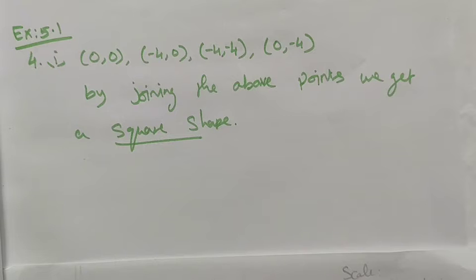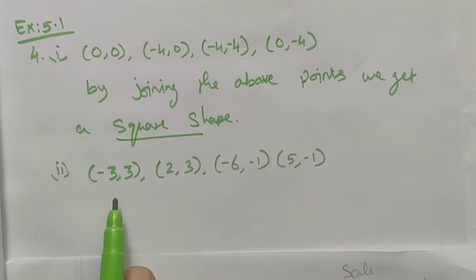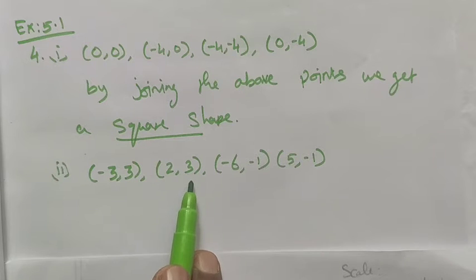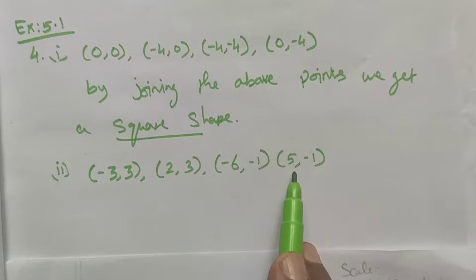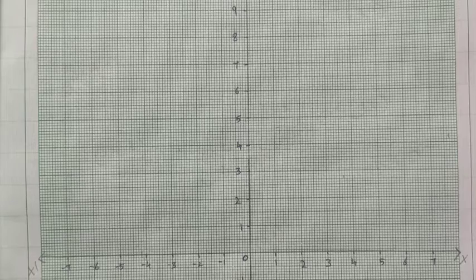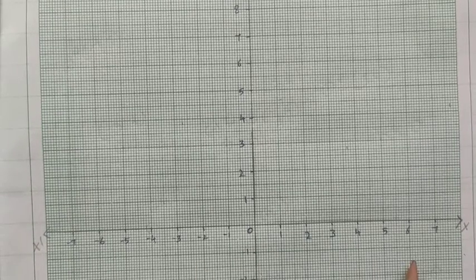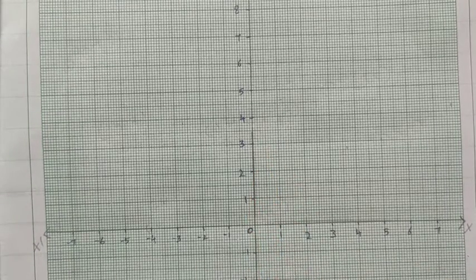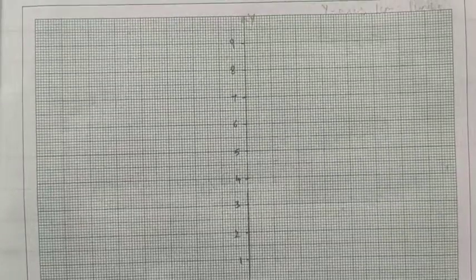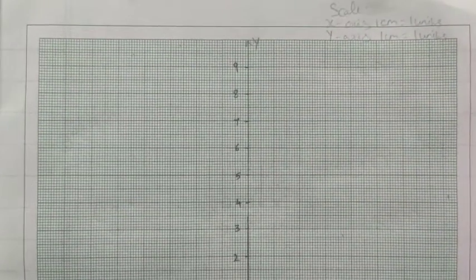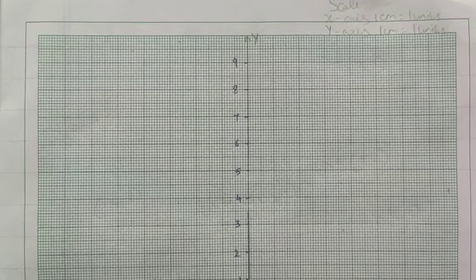Next we see the second Roman numeral. See, the second one has the points (-3, 3), (2, 3), (-6, -1), (5, -1). Let's plot the points and find out the figure. Let's take the coordinate plane, the horizontal line is the x axis and the vertical line is the y axis. We take the same scale, x axis 1 cm equals 1 unit, y axis 1 cm equals 1 unit.